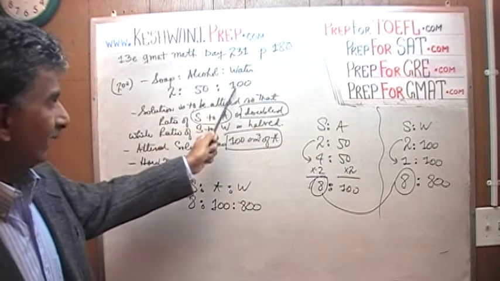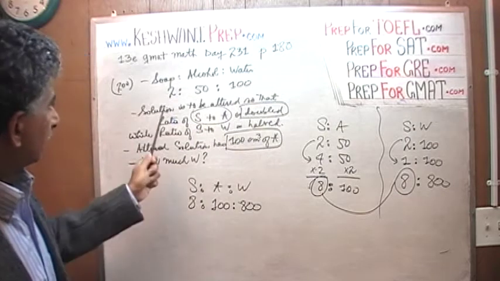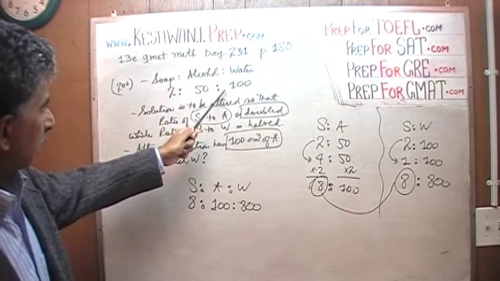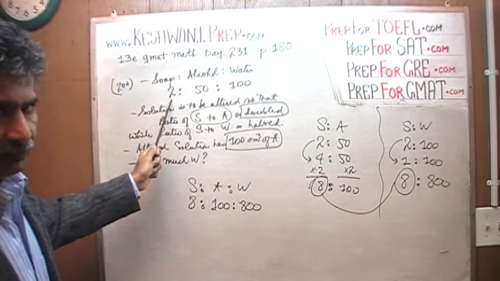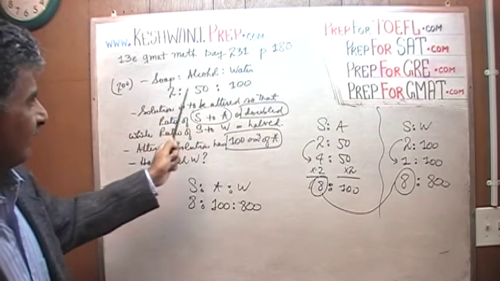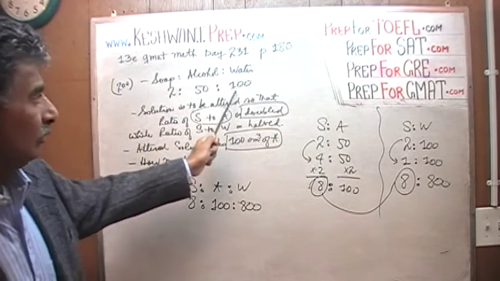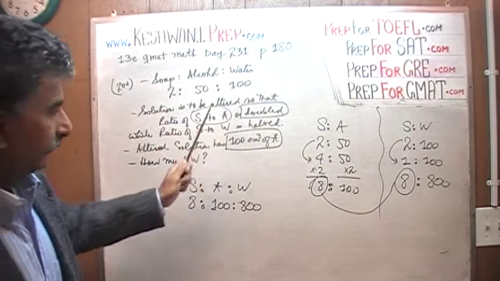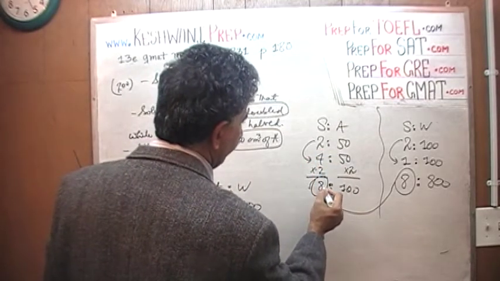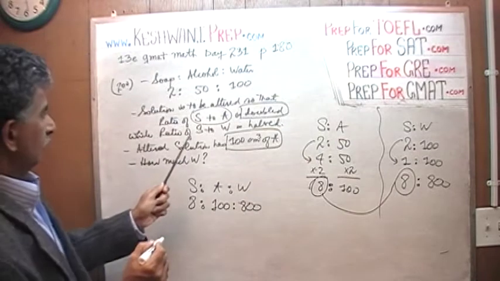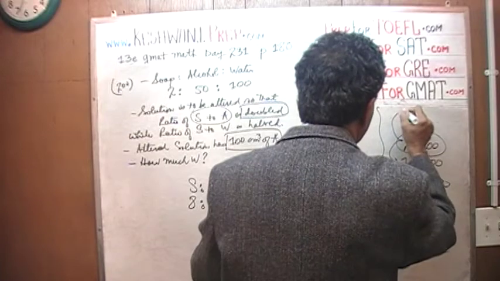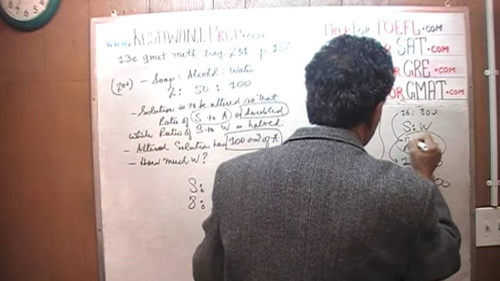Soap to water, right here, 2 to 100. This part, 2 to 100 is same as 16 to 800 if you multiply it by 8.